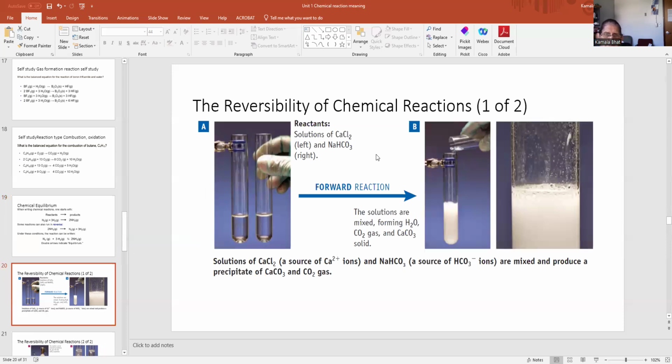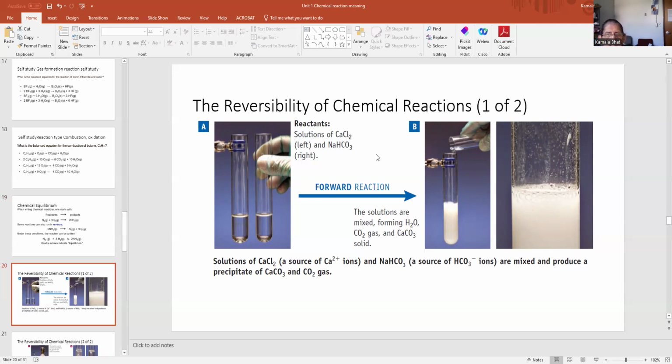Now, the reversibility of a chemical reaction. Any chemical reaction in equilibrium can be reversed or made to go in one direction if you add certain chemicals or remove certain chemicals from one side.